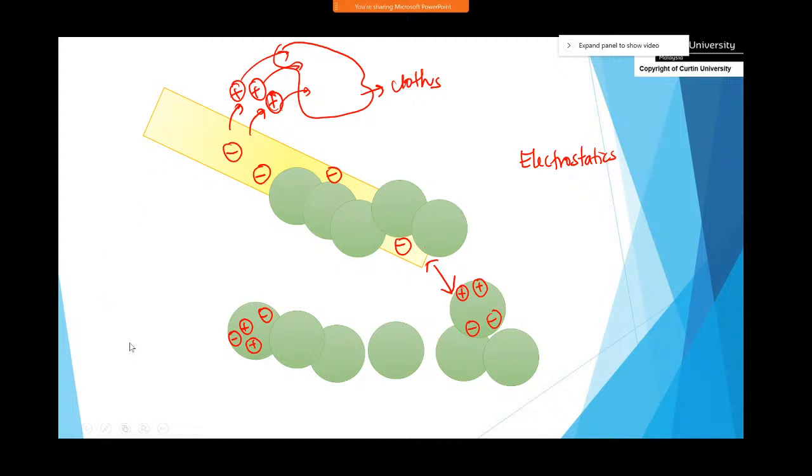Another phenomenon that you always encounter is when you are in the aircon room, especially when you are wearing, let's say, a plastic slipper. If you are in the aircon room for too long, and especially when your skin is dry, the moment you touch the doorknob, you feel the electric force. There is a spark between your skin and the doorknob. That is also because of electrostatics.